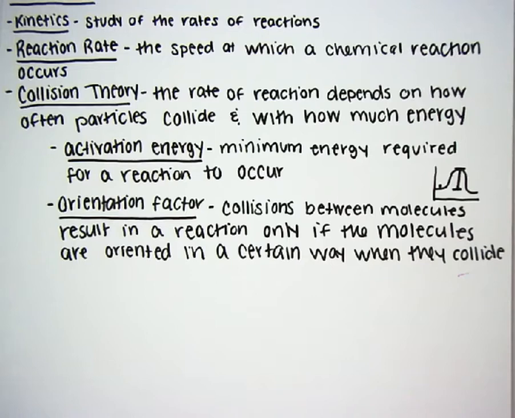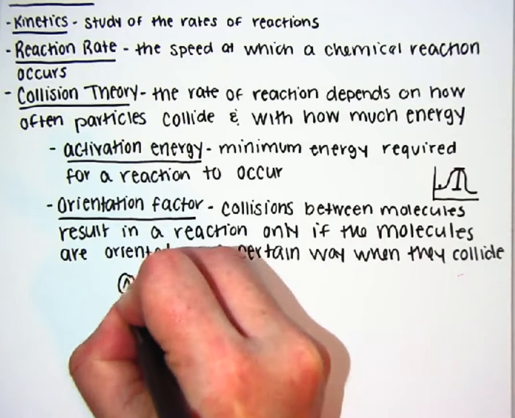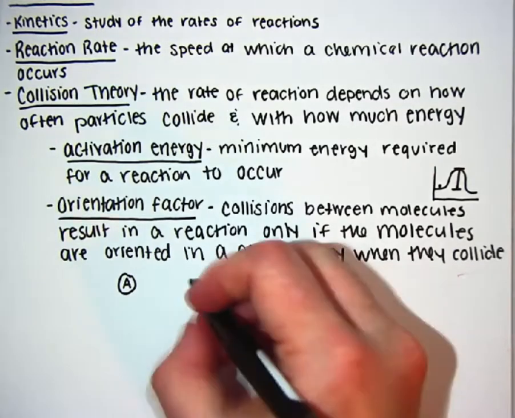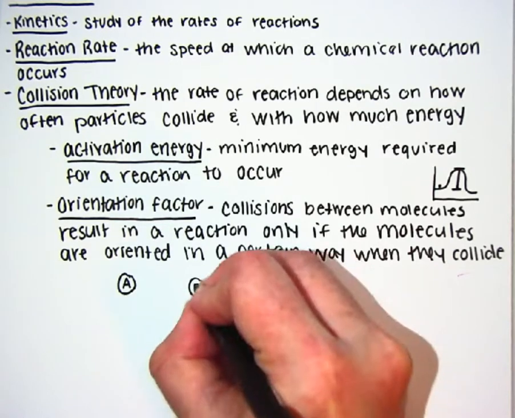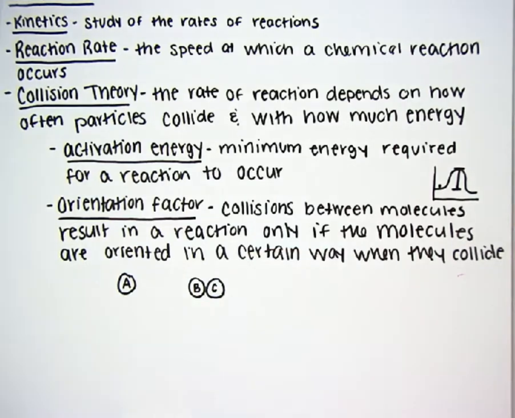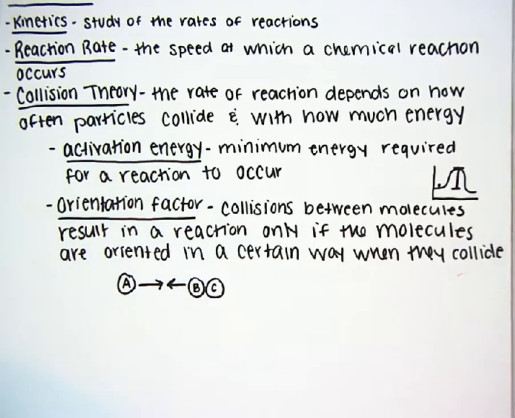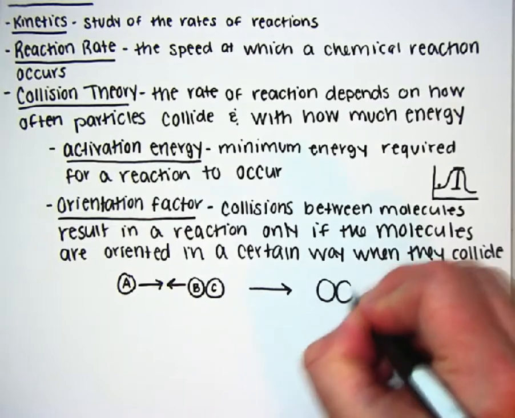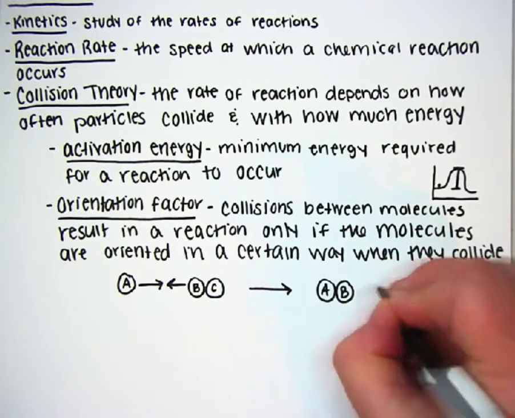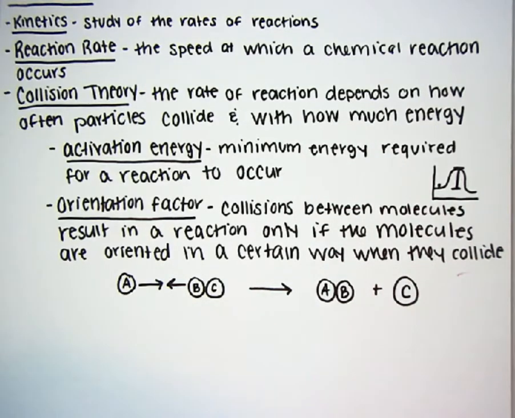So, what do we mean by that? Let's say I had substance A and I had some molecule B, C. A collides with B to make molecule AB. Let's say our molecules weren't oriented in this way.